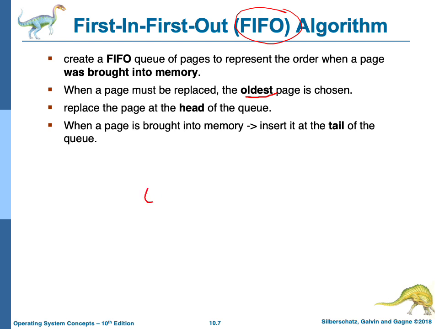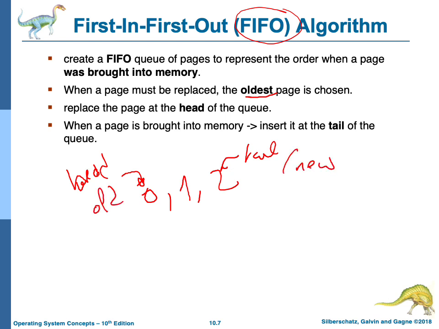If we have 0, 1, 2, then the oldest will be the head of the queue and the newest will be the tail of the queue. With FIFO, we're always going to replace the oldest one, the head of the list, and whenever there is a reference to a new page, we insert it at the tail of the queue.